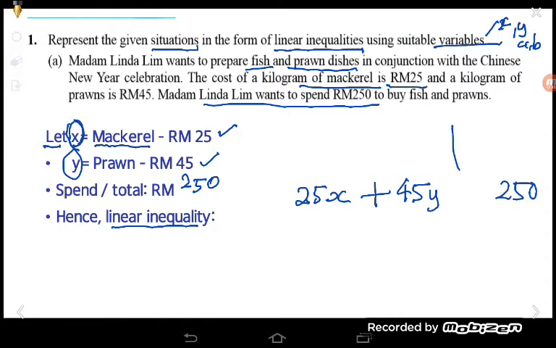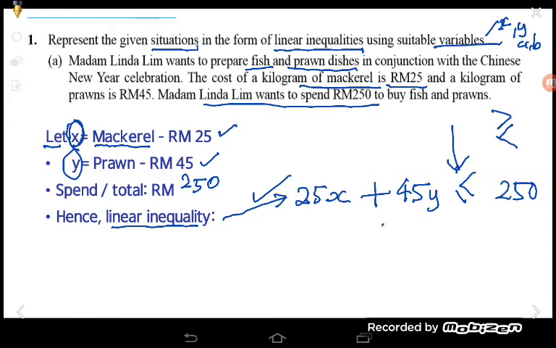So what symbol do you put here? Can she buy more than 250? No, because she has only 250. So she can only spend less than or equal to 250. You can write the linear inequality like this.